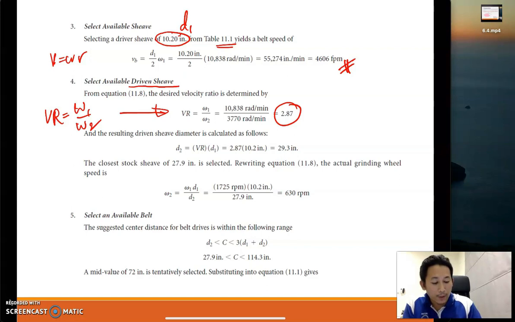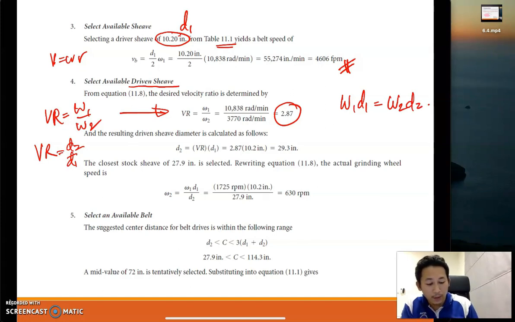Now from the velocity ratio, VR equals d2 over d1. Okay, so the velocity ratio, we have d1 and then we have 2.87.